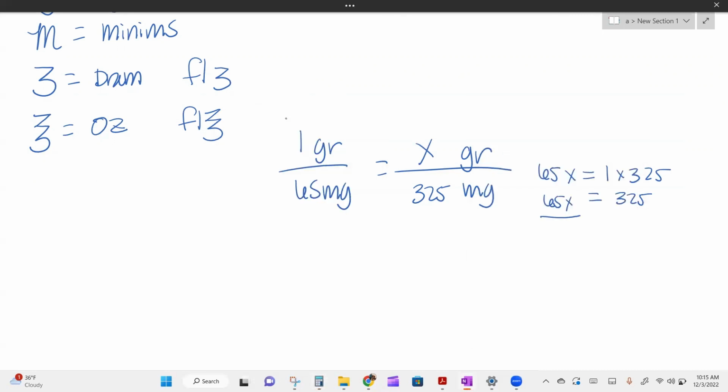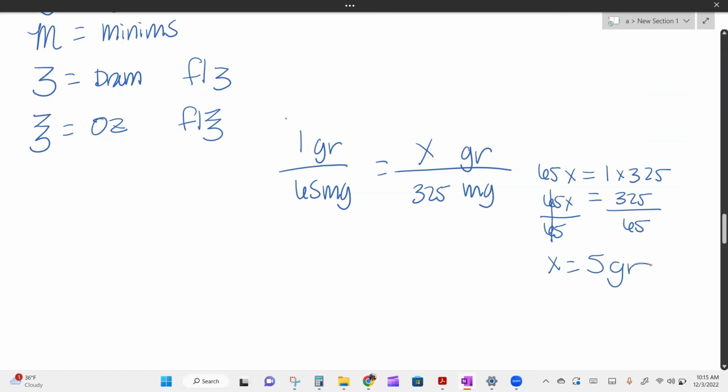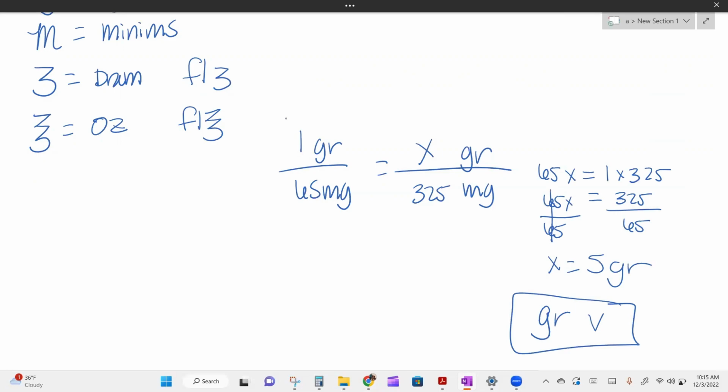So to do that, we need to divide by 65 here, and then also divide by 65 here. Which gives us 5 grains, which in the apothecary system, we would write as GR for the symbol first, and then V for 5. So that would be your answer.